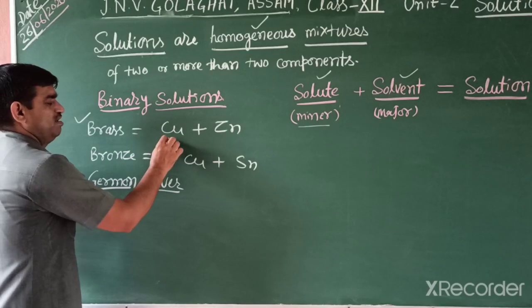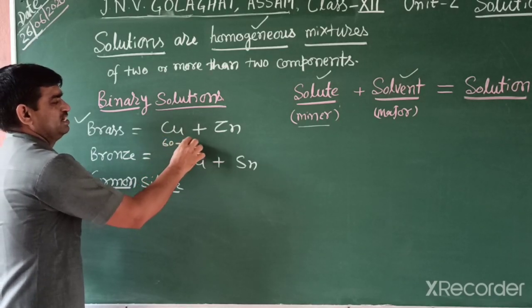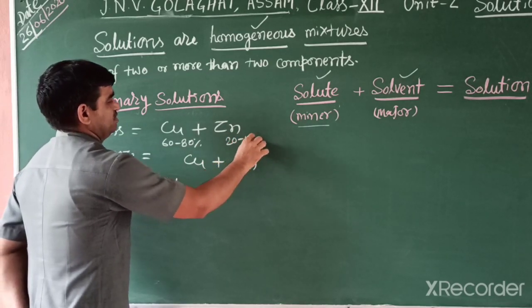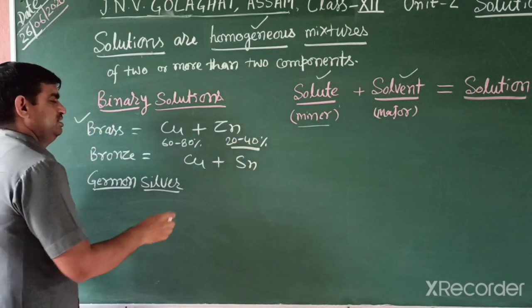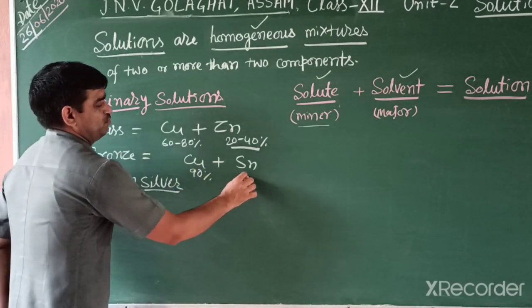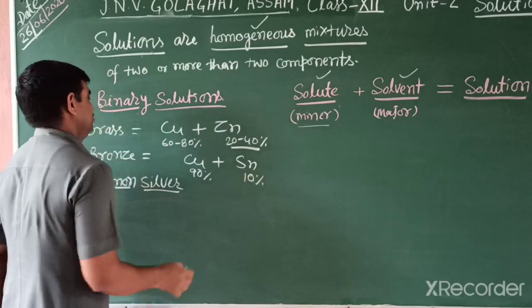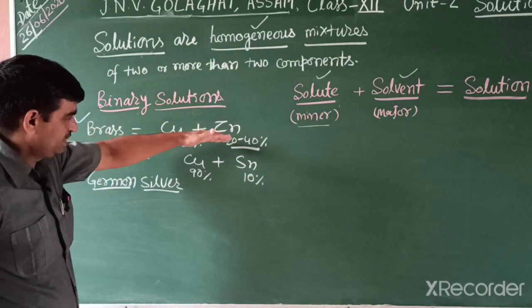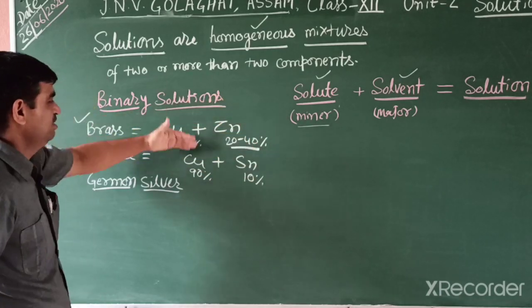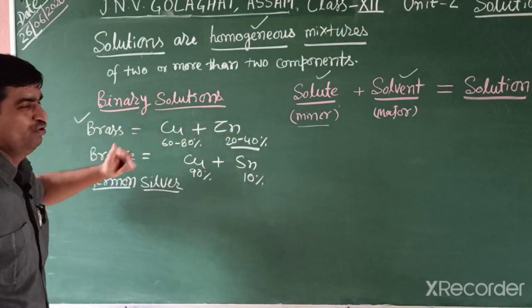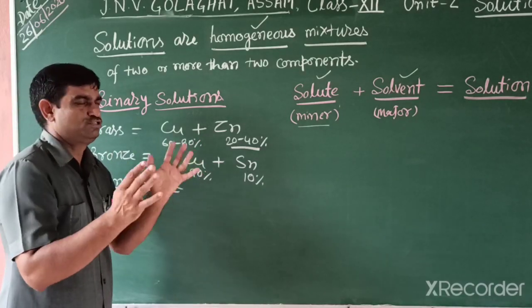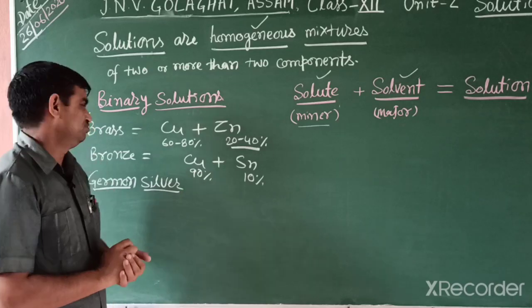In brass, copper is 60 to 80% and zinc is 20 to 40%. In bronze, copper is 90% and tin approximately 10%. So zinc and tin are minor components, so they are the solute, and copper in brass and bronze is the solvent. This is also a homogeneous mixture. Both are solids and they are also solutions.